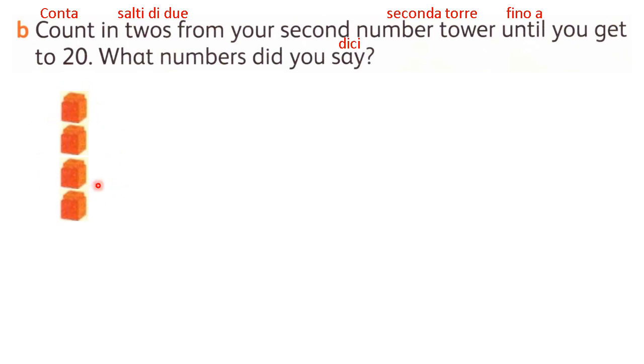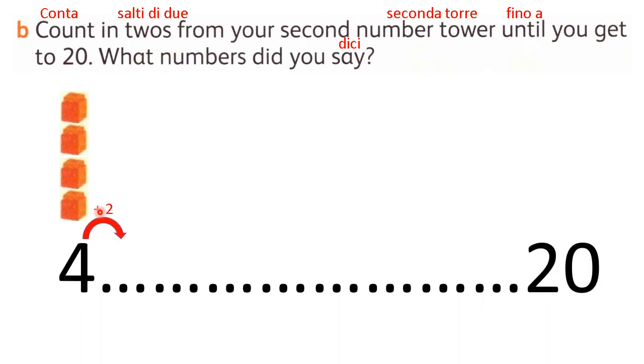So our second number tower was 4, if you remember, double 2. And now from 4, we have to count on in twos until we get to 20. And say what numbers we have to go through to get from 4 to 20, counting in twos.